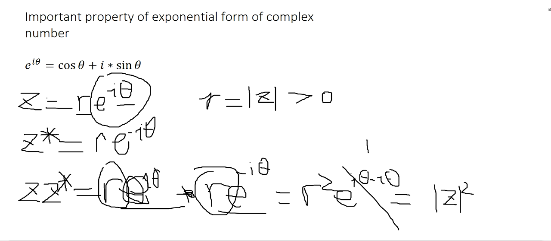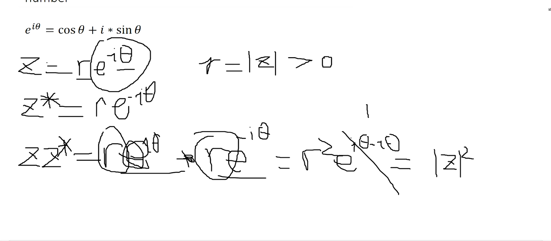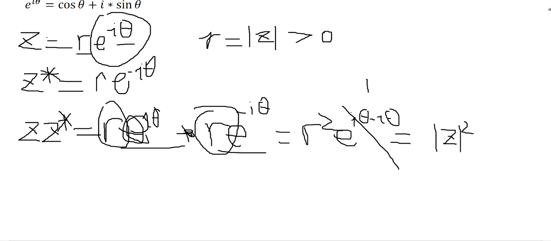So the absolute value of z is a real number and it is positive. The square of a positive number would be positive, and the square of a real number would be real. That's how, using the exponential form, it's extremely easy to prove this relationship, rather than using the Cartesian form.